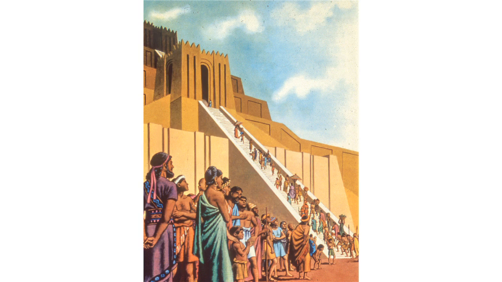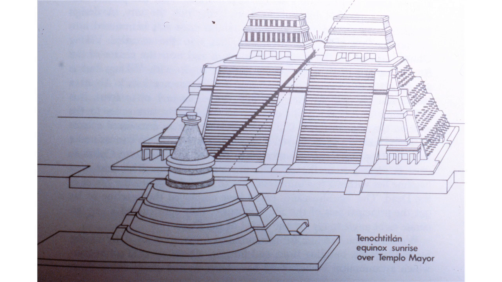Next. A depiction of the Tower of Babel, not a very good one. And the mixture of astronomy and religion, in the case of Tenochtitlan, equinox sunrise over the Templo Mayor. Next.